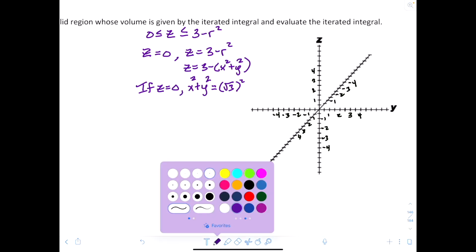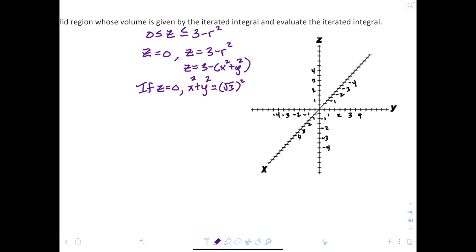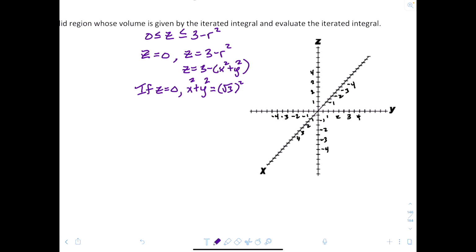We're drawing this guy in the purple. So this is for z is 0, and we'd have a circle with radius 1.7-ish.